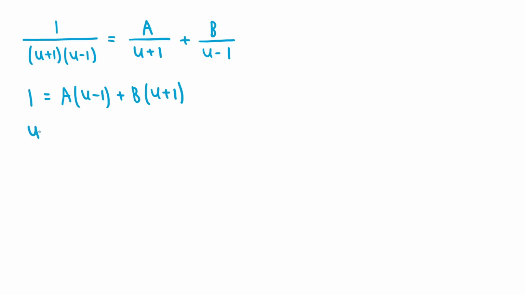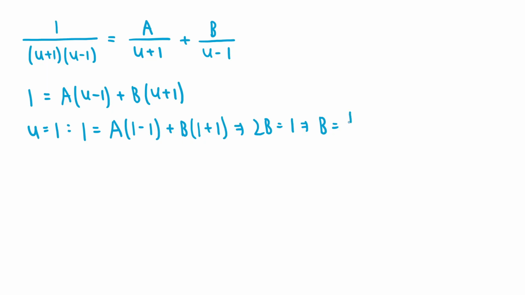So if we let u equal 1, then the equation becomes 1 equals a times 1 minus 1 plus b times 1 plus 1, and this just implies that 2b equals 1, so that means b equals 1/2.